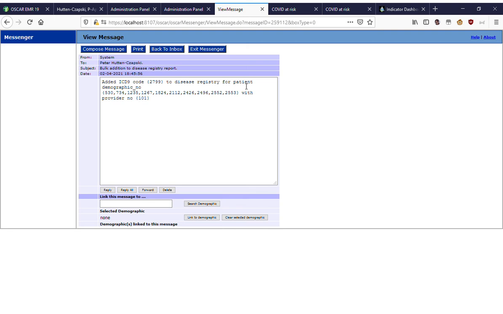And you'll see that if I, for example, did this assignment, which I just did, for my patients with immune deficiencies due to the medications, the ICD-9 code, this was adjusted and added to these demographics with this provider. This is for auditing purposes, and also gives you a chance, if you've done something wrong massively, that you could undo it by going to the charts and undoing the ones that have been added in error.